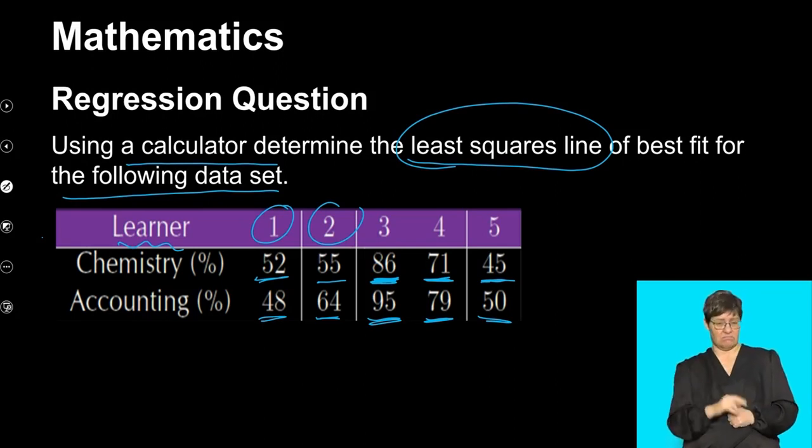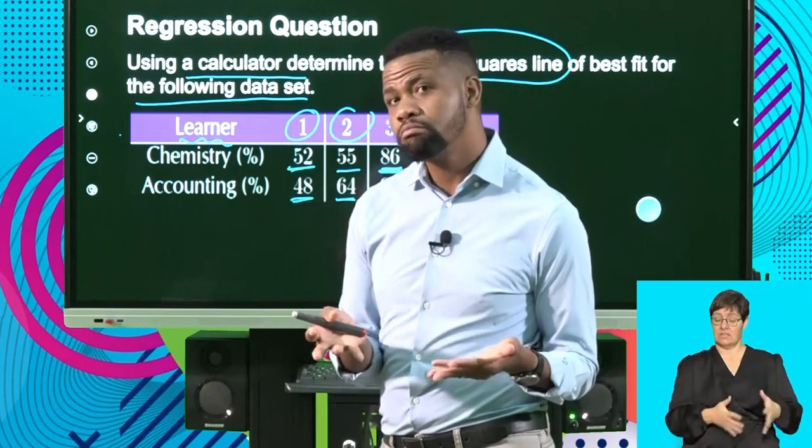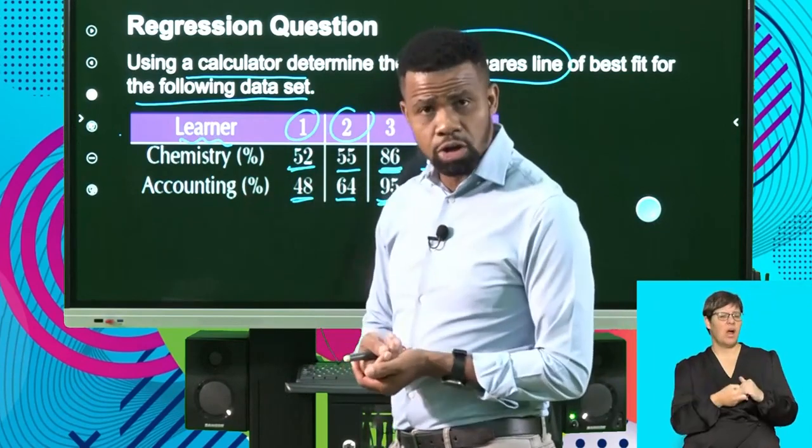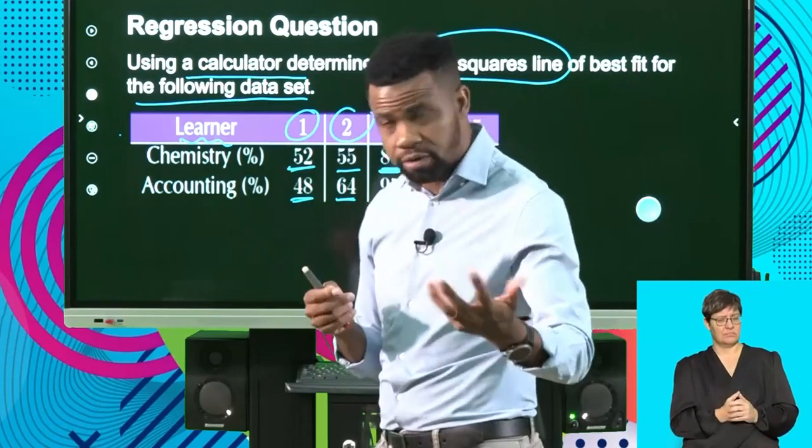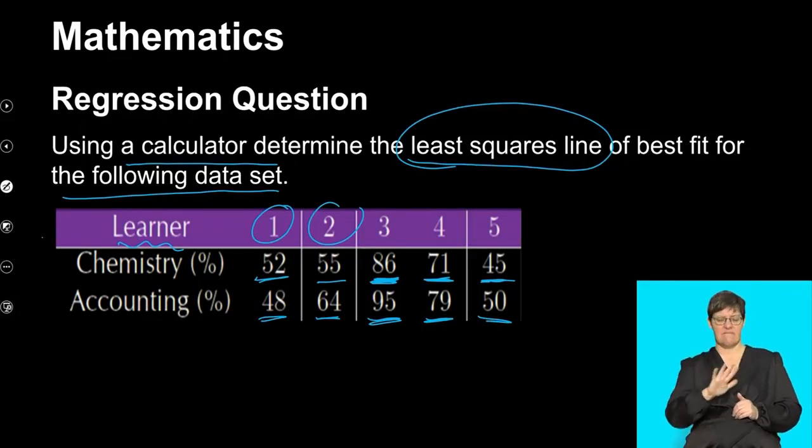What do you see from the data? Can you draw any conclusion? Does it mean a high mark in chemistry, you'll be better in accounting? We have a sample of 5 students, but let's try and draw some conclusion based on that. What do you think out there? If you look at 86 and 95, we can see that based on student 3, a high chemistry mark goes with a high accounting mark.